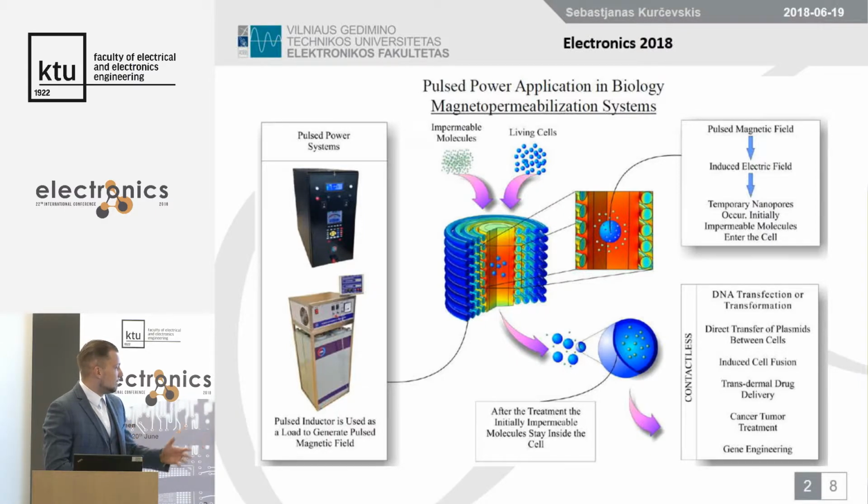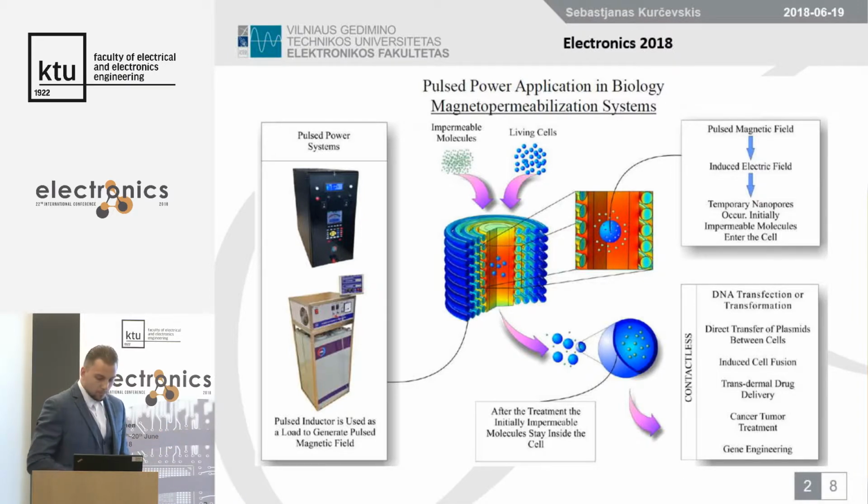After the treatment, the initial impermeable molecules stay inside the cell. So basically, this system could be used in genetic engineering, cancer tumor treatment, DNA transfer or transformation, and many other spheres.